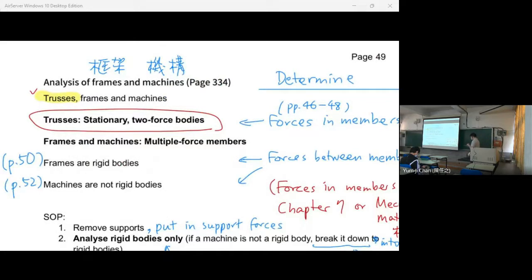Trusses are two force bodies, and if the members are not two force bodies, those are frames. You need to remember what a two force body is, and if we have multiple force bodies, then we have frames.